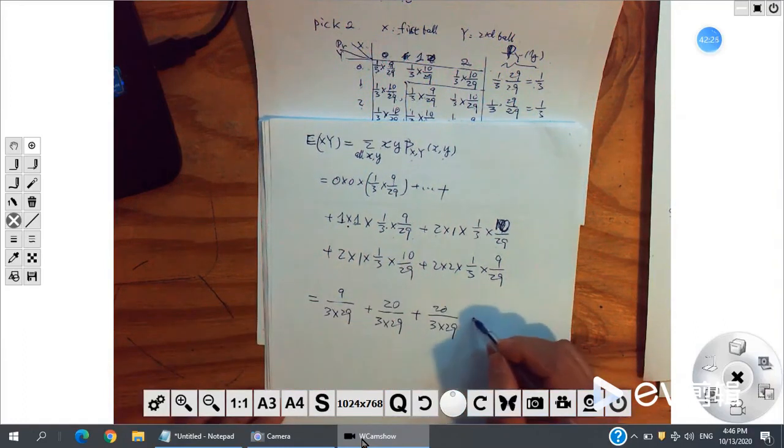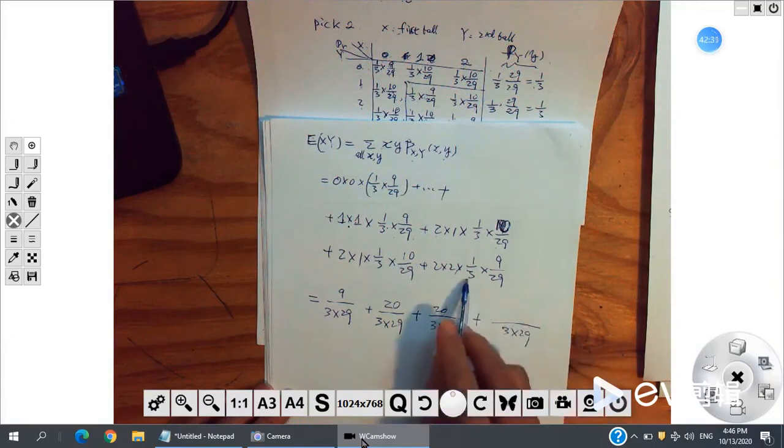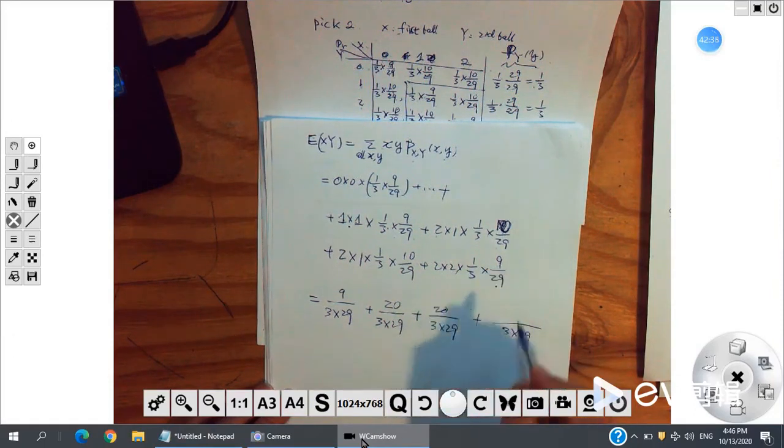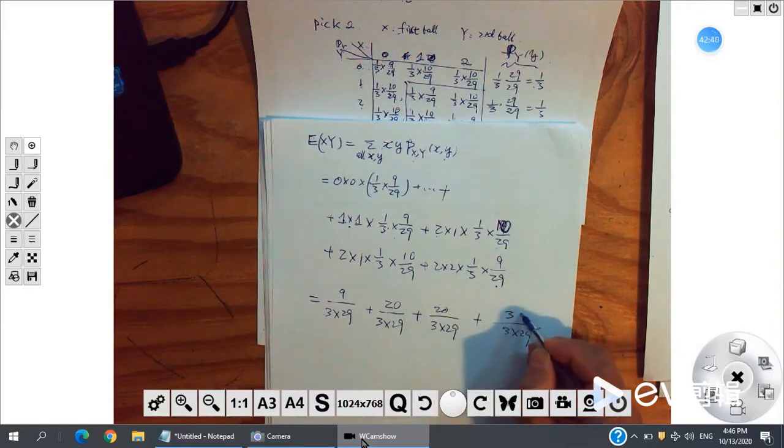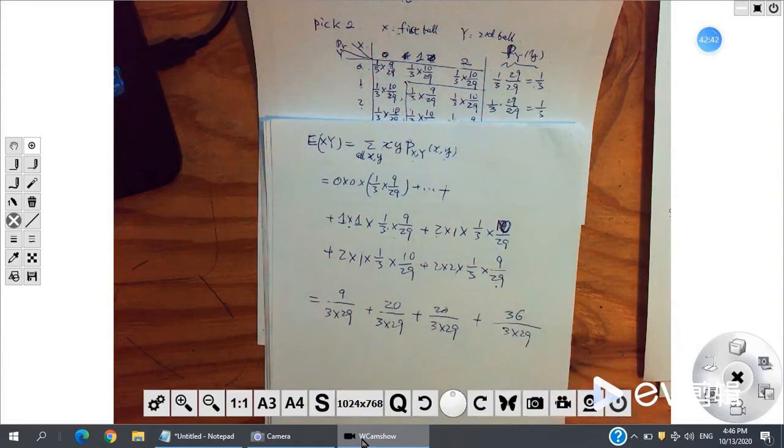Okay, then next, I still have 3 times 29 in the denominator, and the numerator is 4 times 1 times 9, so it's 36. Okay, we have this one, 36.